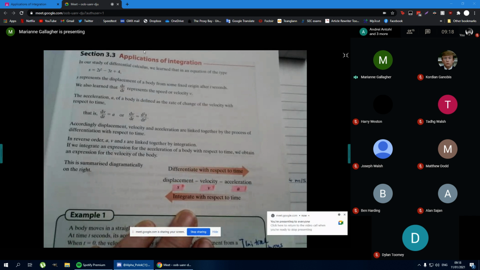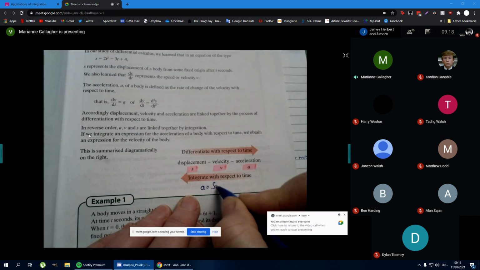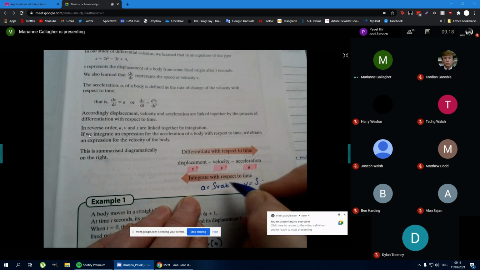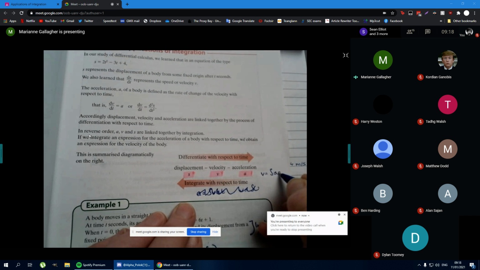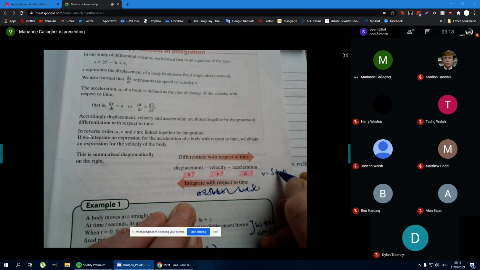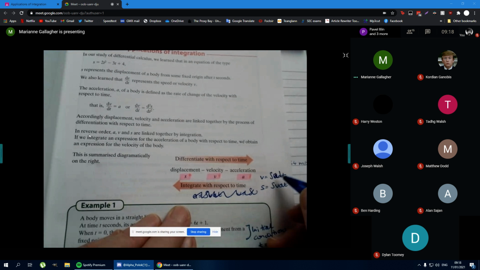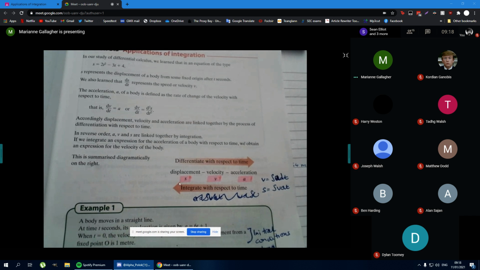They've written the differentiation equations up here. I would write in here, a is equal to the integral of v dt, and... that's totally wrong. v is equal to the integral of a dt, and s is equal to the integral of v dt, okay? That's basically what you have to remember.